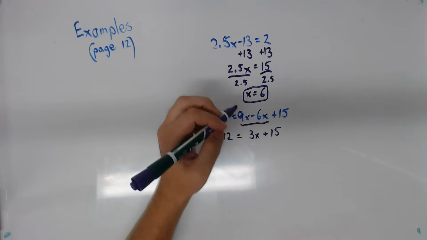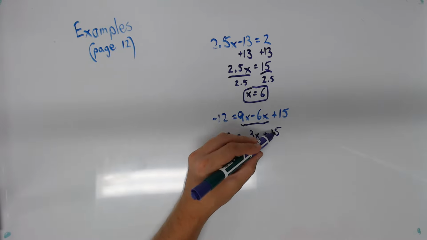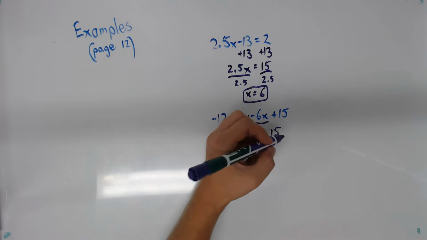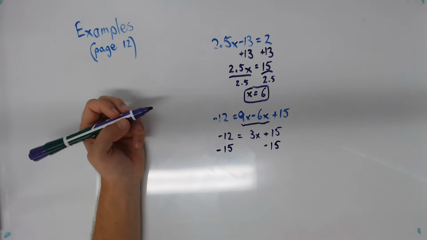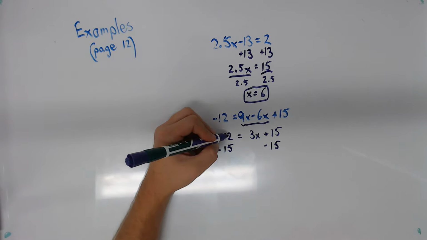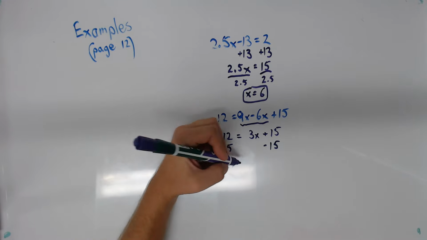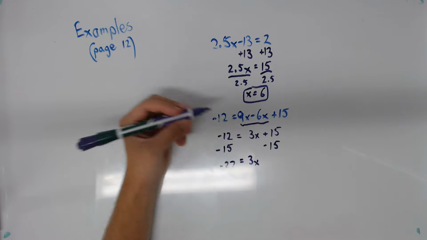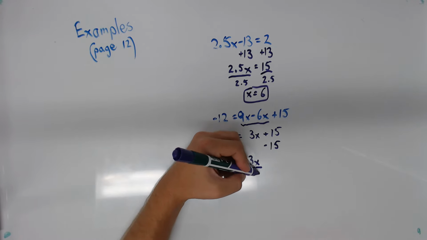So here, x is multiplied by 3, and then that adds 15. So in this situation, I would subtract first, because that should be the easiest thing to get rid of. Negative 12 minus 15 is negative 27. And now the only thing left happening to x is multiplication. The opposite of multiplying is dividing.